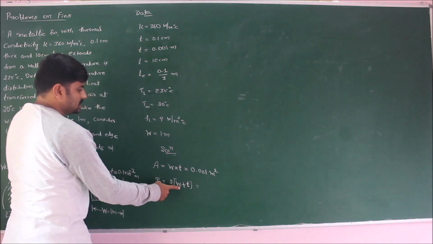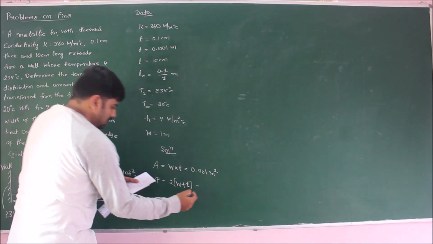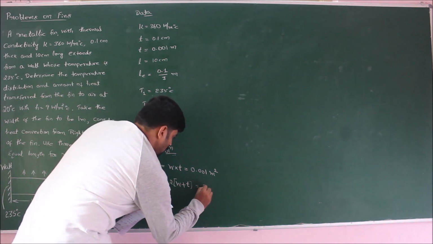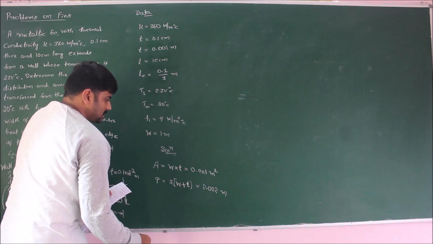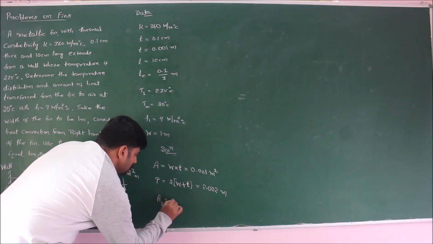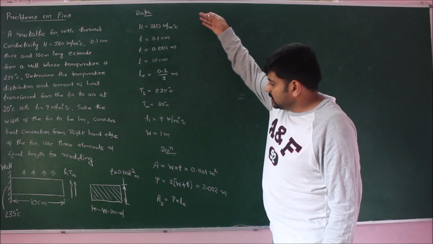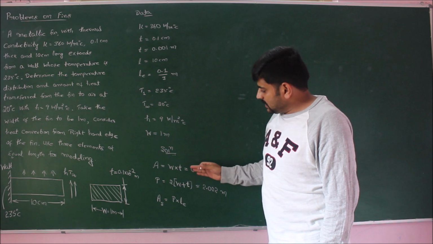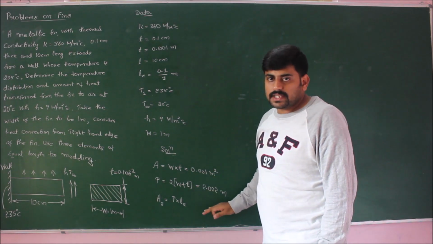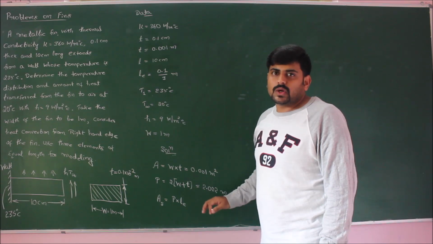Substituting width as 1 meter and thickness as 0.001 meter, I get the perimeter as 2.002 meters, and the surface area is given by the formula perimeter times length of the element. So these are the data given and these are the repeating values required to calculate the element stiffness matrix and also the load vectors.